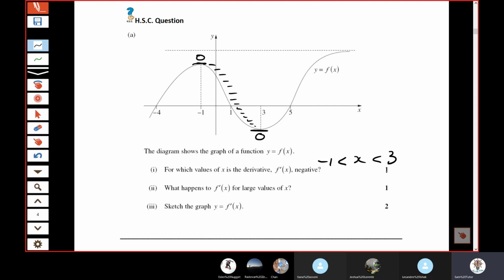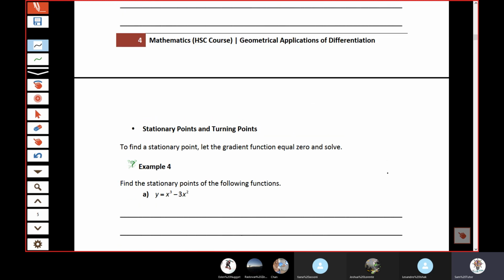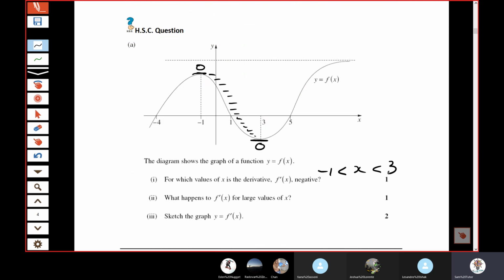Part (ii): What happens to the derivative for large values of x? What happens to f dash for large values of x? Okay, I didn't realize this was coming up so soon. That's okay. It's not what we have covered exactly yet. So let me just see, scroll down. Let's go back.